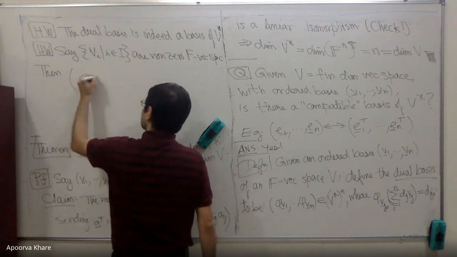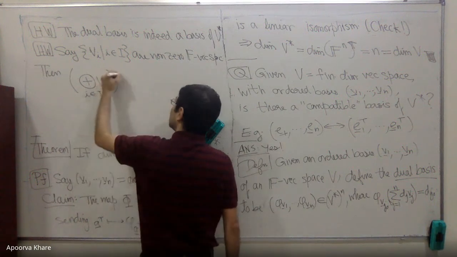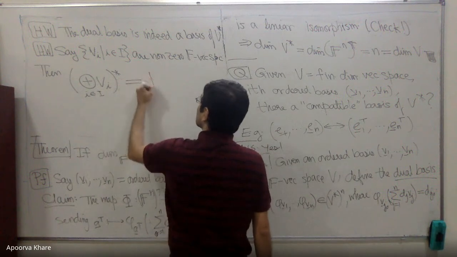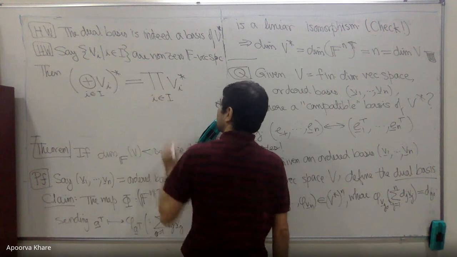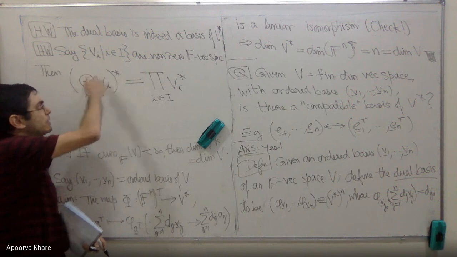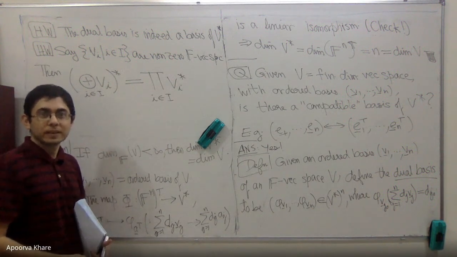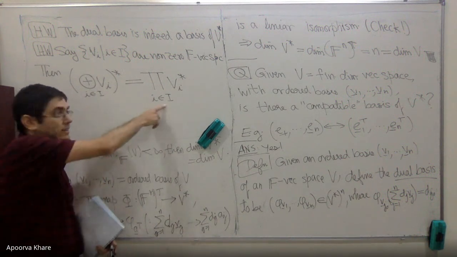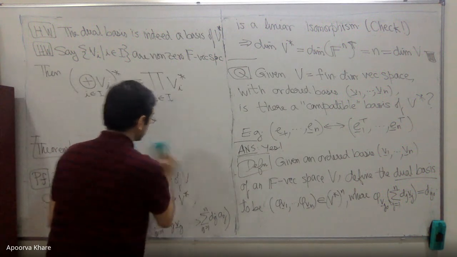Take the direct sum. Take the dual of that. This is the direct product of the individual dual spaces. When the set I is finite, then both sides are finite and the dual of the direct sum of the Vi is the direct sum of the Vi star. But when it's infinite, then you have to have the direct product. The direct sum is not big enough here. The direct product is bigger. So that's another homework problem.